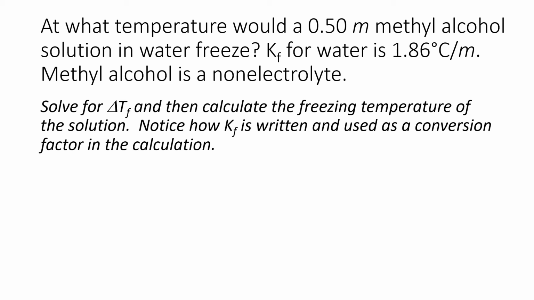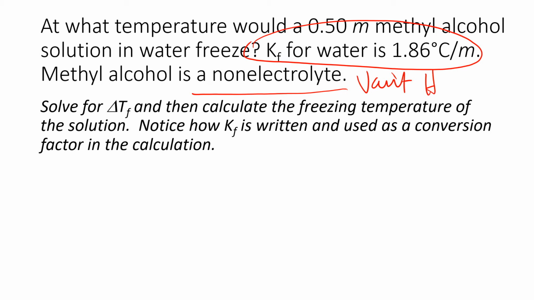First question, at what temperature would a 0.5 molal methyl alcohol solution in water freeze? So the KF, your constant for water, is here, 1.86 degrees Celsius per molality. Methyl alcohol is a non-electrolyte, so that means the Van Hoff factor will be 1. So you have to solve for delta TF first.